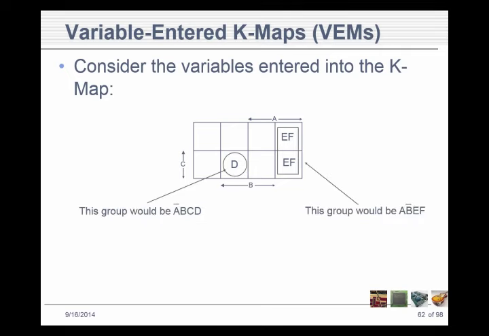So that first group would be not A, B, C, and D. And these other two are completely identical. One's E and F, the other one is also E and F. If they're not identical, you can't circle them. So that one would be ANDing this group, which is A and not B, with EF.